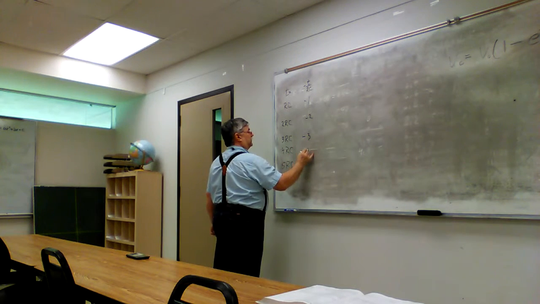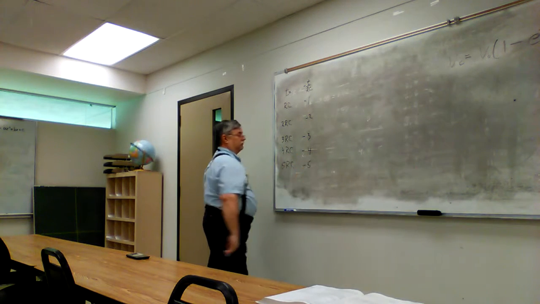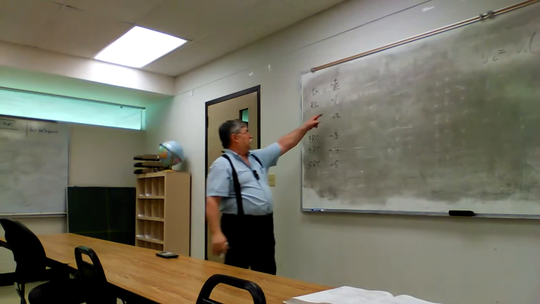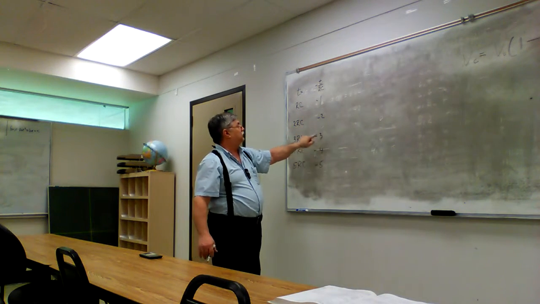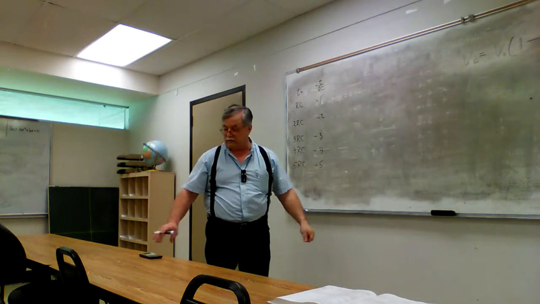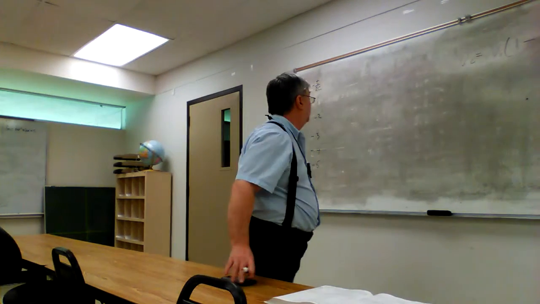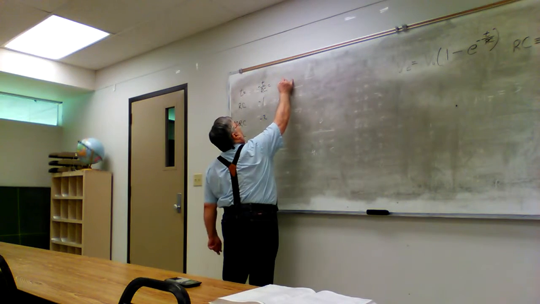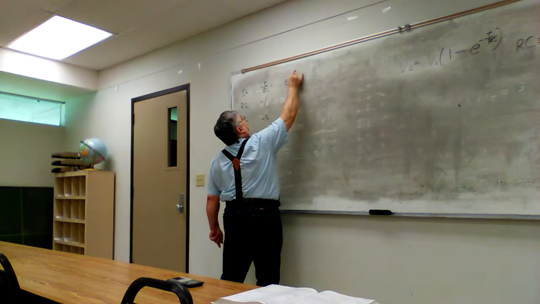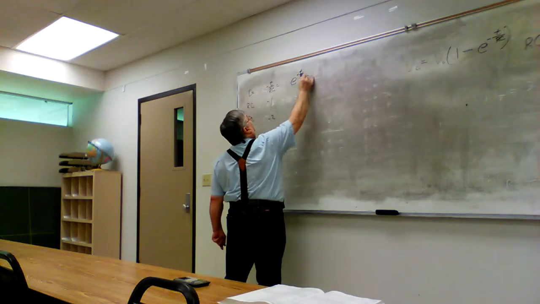Similarly, we get minus 3, minus 4, and minus 5. In other words, when t is at 1 time constant, 2, 3, 4, and 5 time constants, at each of these cases, what is e to the minus t over RC equal to?